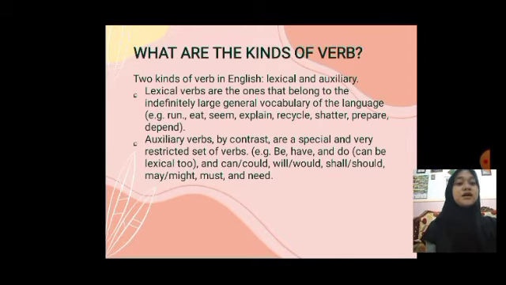Auxiliary verbs, by contrast, are a special and very restricted set of verbs. Example: be, have, and do, or can, could, will, would, shall, should, may, might, must, and need.